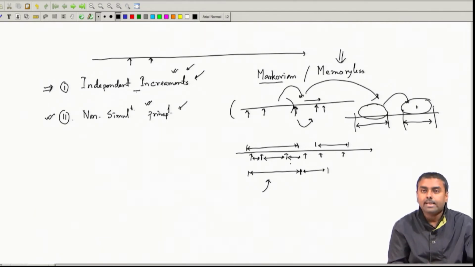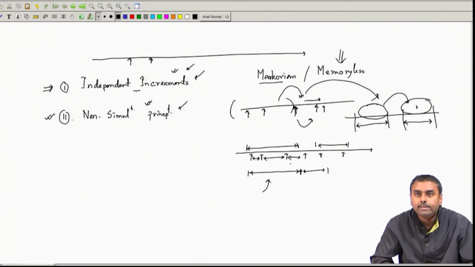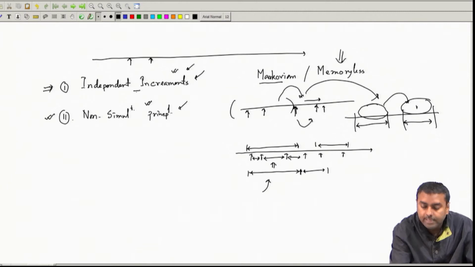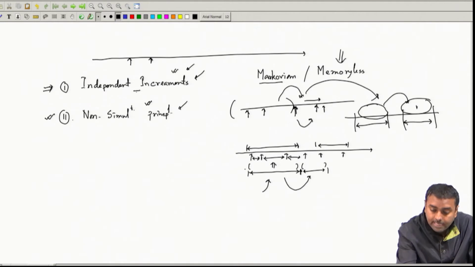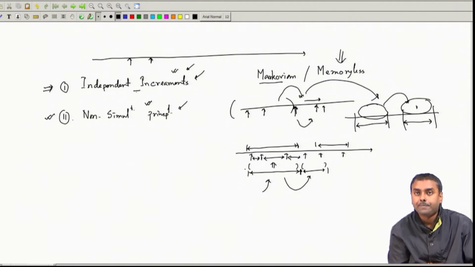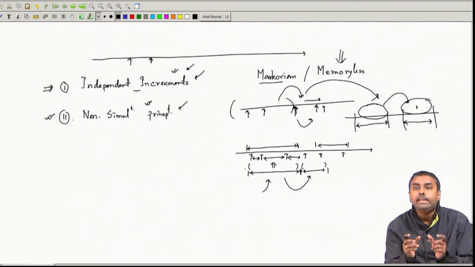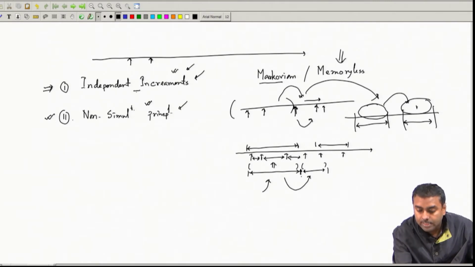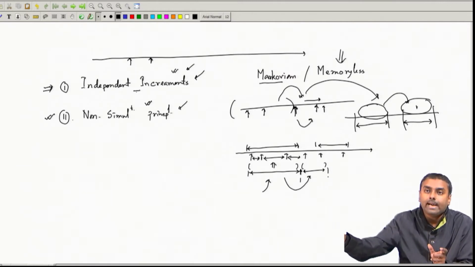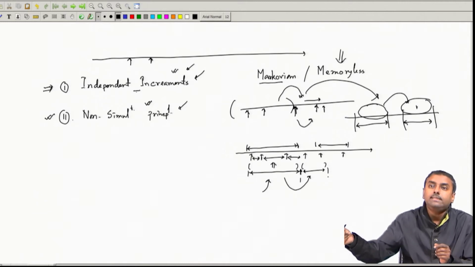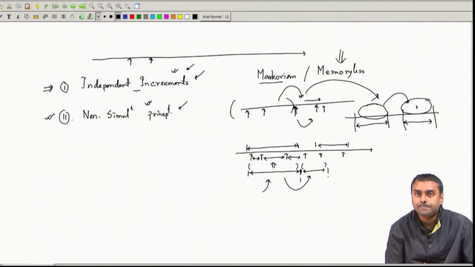Okay, if I take the count, which is the one we were describing, then how many counts have occurred over here statistically has no relevance to how many counts I will be observing over here. That means these two are statistically independent, and that is why it is called independent increment. We are incrementing the time from here to some other time, and those incremental times are statistically independent from the previous one.